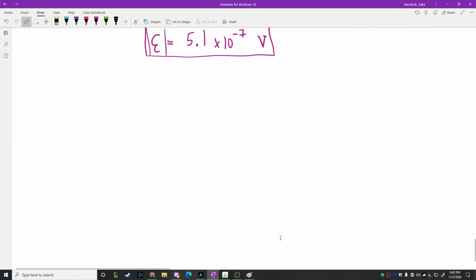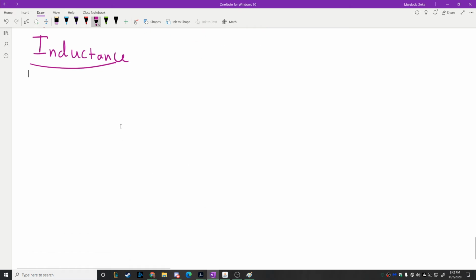Okay, let us spend the last 20 minutes or so we have in class talking about inductors. Well, really, inductance. So let's consider a really simple circuit.